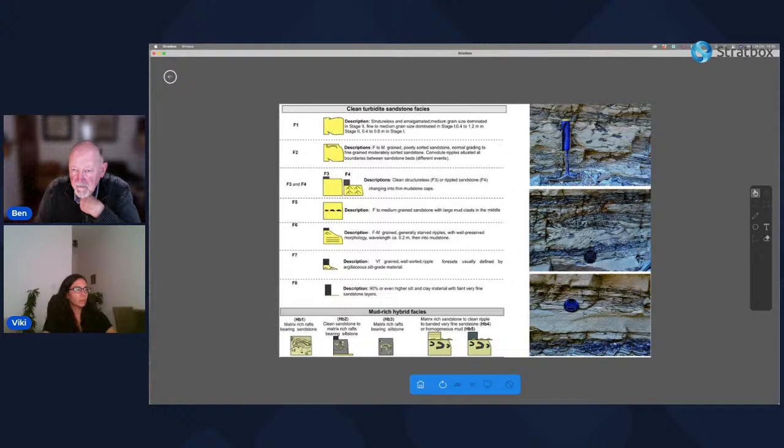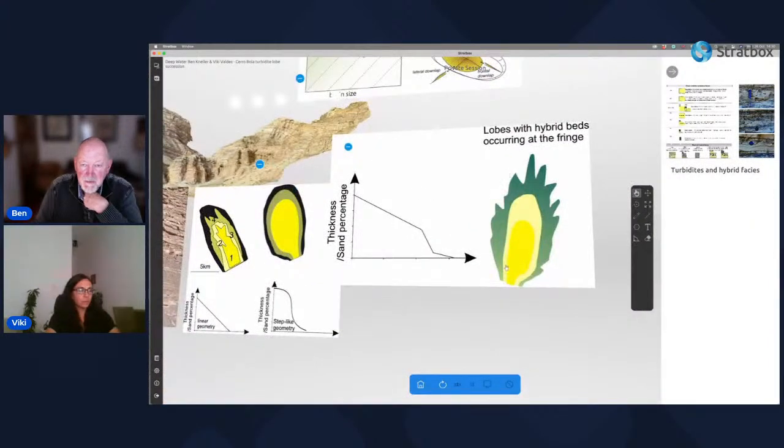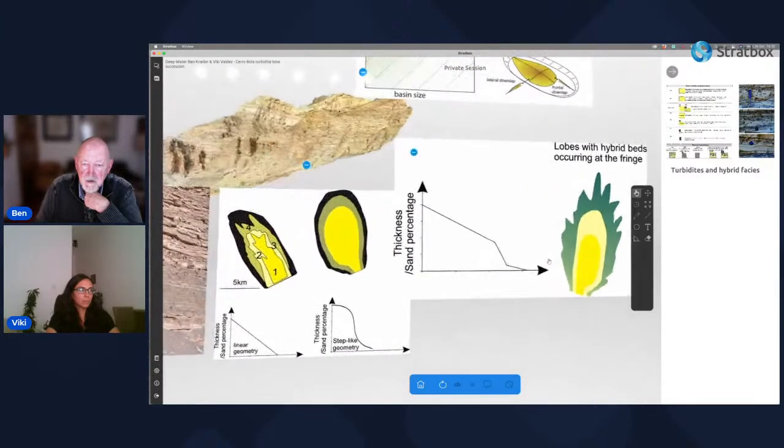Sometimes these very, very matrix-rich sands have slumped fragments or rafts of the underlying thin-bedded sediments, and sometimes they're just choked with shale clasts. Now, the fact that the lobes are fringed by these facies suggests that the porosity and permeability distributions in these is going to be substantially different from what we see in examples like this.